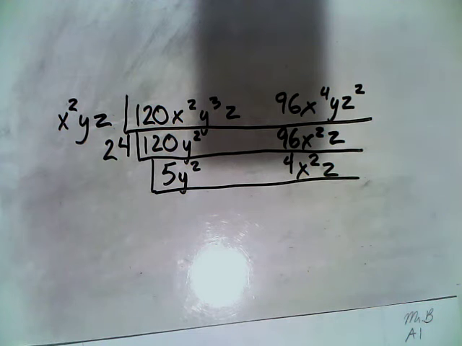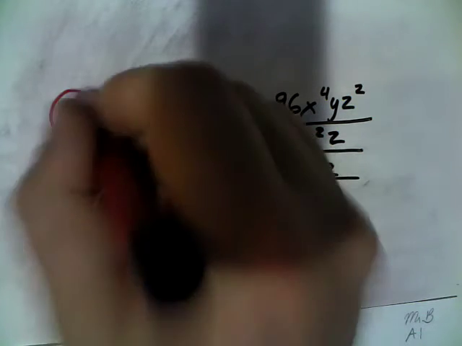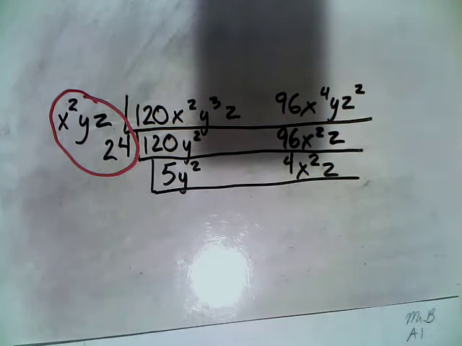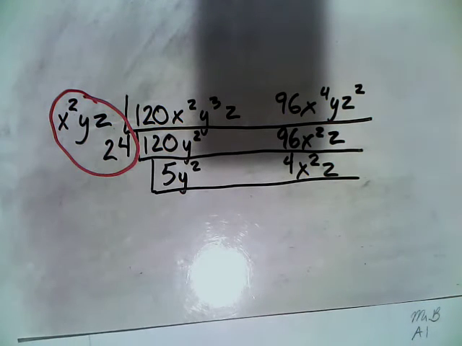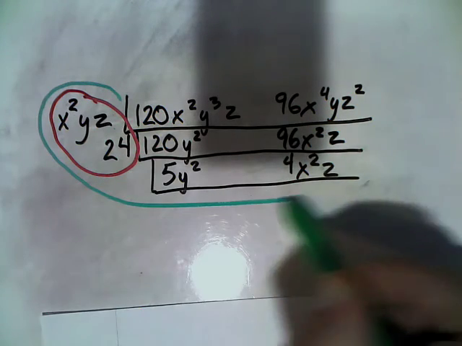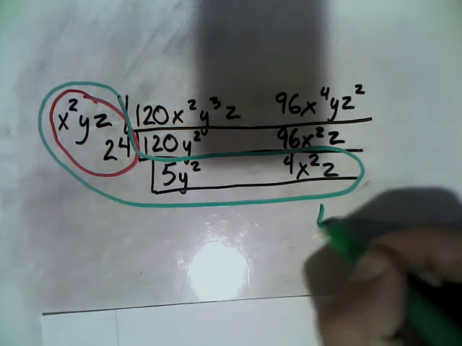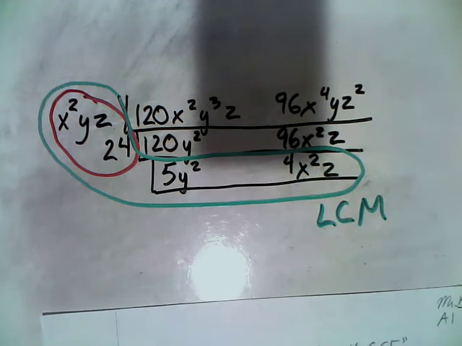By the way, while we're looking at this here, we talked about the fact that the outside stuff gives you the GCF. Well, one thing that's nice about this technique right here is if I combine the outside stuff with the bottom row, it gives you the LCM.